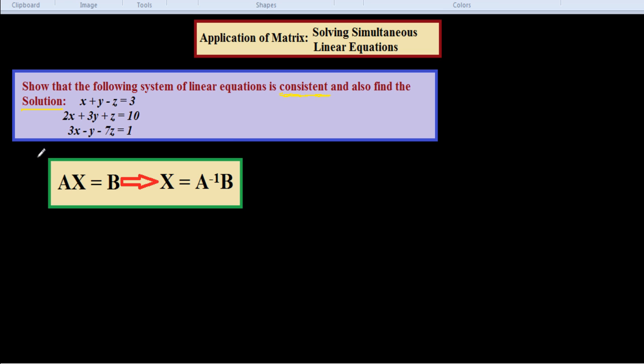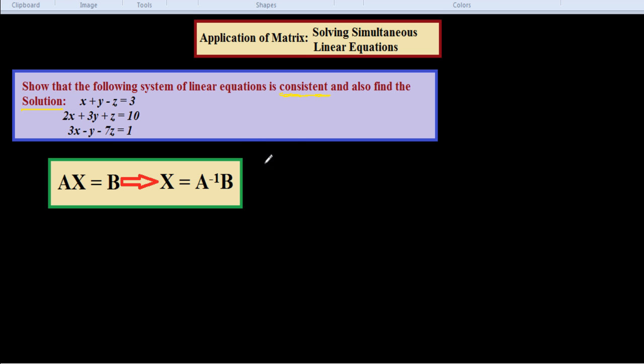You look at this on our screen here: matrix A into matrix X is equal to B. This assumption we take, and then we get X is equal to inverse of matrix A into B. So how do we get matrix A, matrix X, and matrix B out of this system of linear equations?